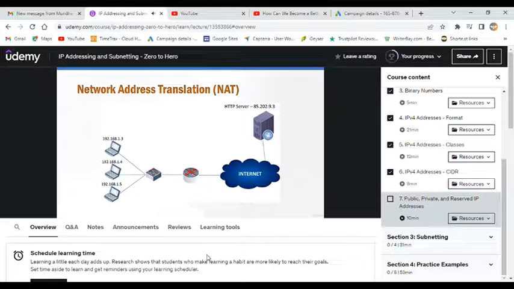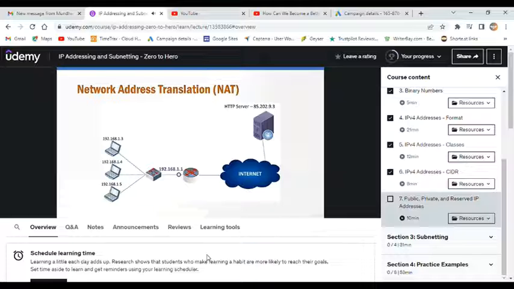For example, these three computers are going to use one public IP address to go out to this HTTP server, or web server, in this example. So this server is going to see all three of these computers coming from a single public IP address. This is how that's achieved.